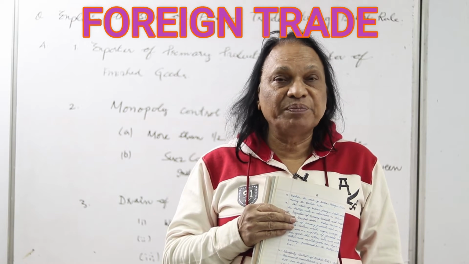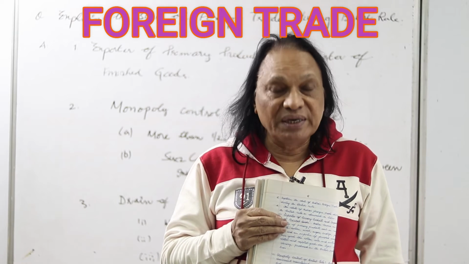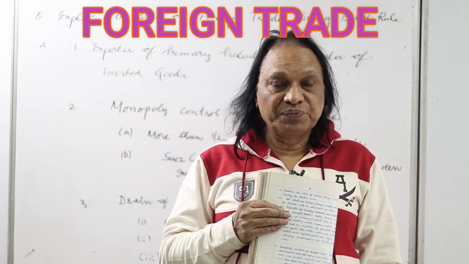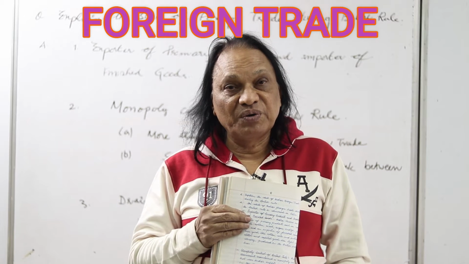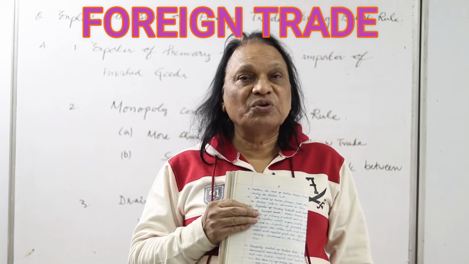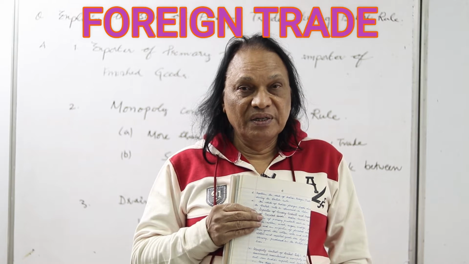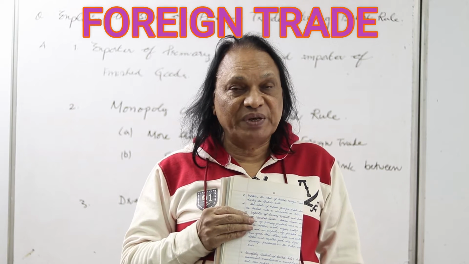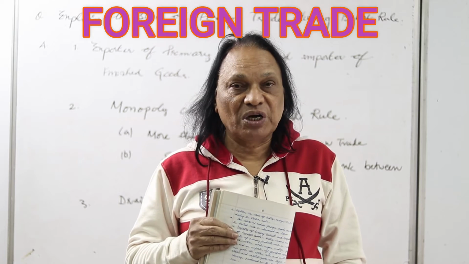I told you their main aim was to establish the Indian economy as a colony for their industries. So they never wanted to have a sound foreign trade. The foreign trade policy pursued by the Britishers was only to help their industries, to help their economy.